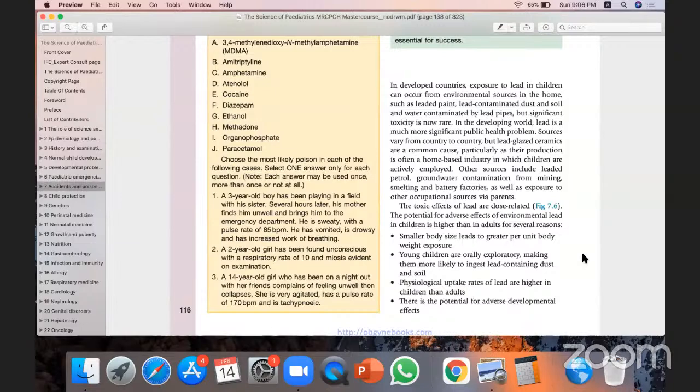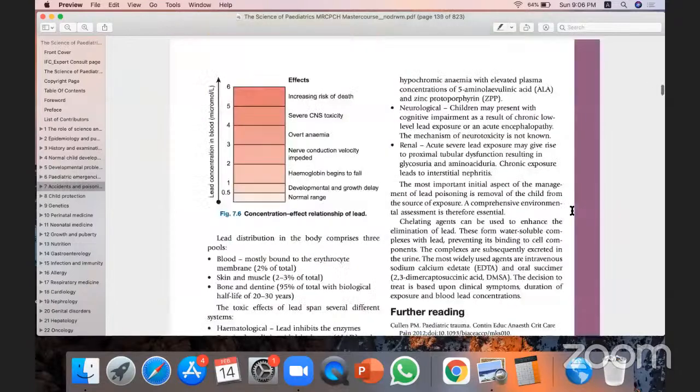One important complication of lead: what can you tell regarding the blood? Anemia. Yes, unexplained anemia, and basophilic stippling. You can see basophilic stippling in lead poisoning.